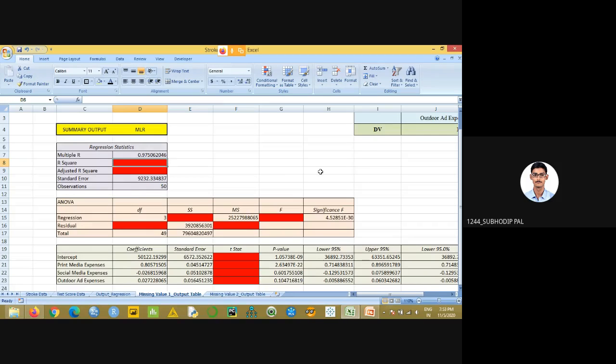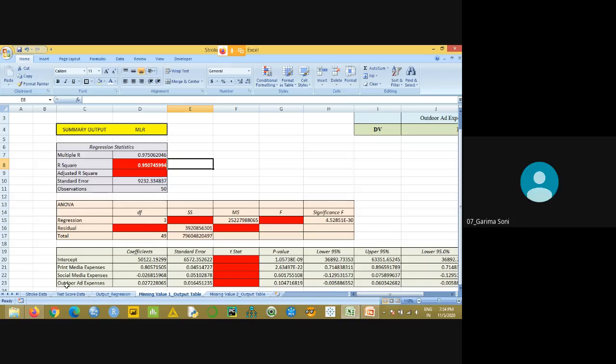Got it, everyone? How to calculate R square? But R square is calculated later, no?